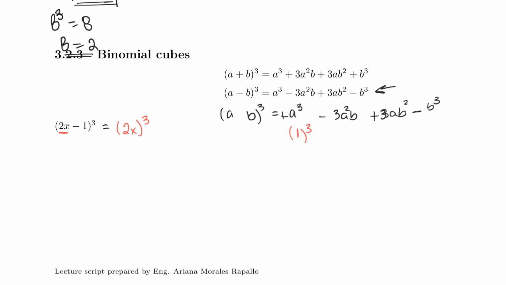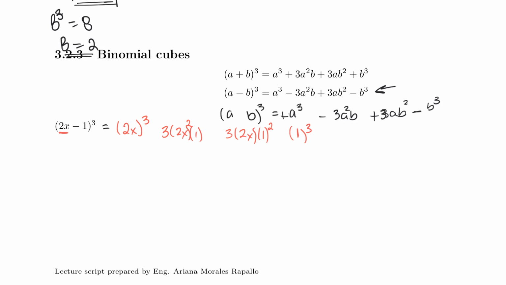Then we write down 3ab twice. For the first 3ab, we square the a, in this case the 2x, and for the second one we square the b, so the 1.